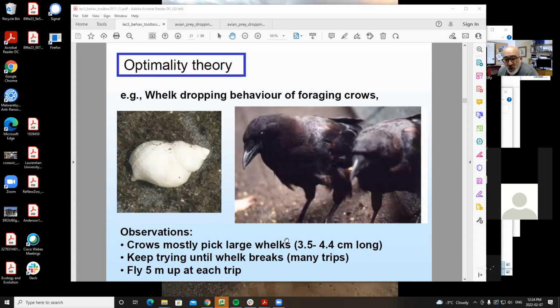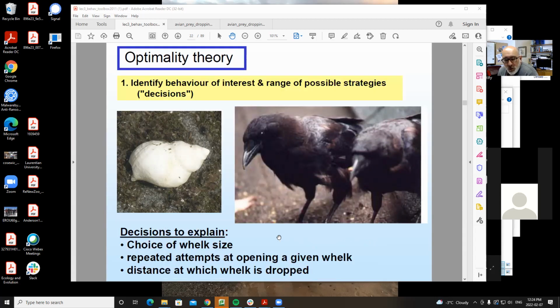So the question is, why are they flying about 5 meters up each trip? They often make multiple trips, so we can try and apply our cost benefit approach to this whole foraging strategy. There are decisions that these birds need to make. They have to choose the whelk based on its size. They have to make repeated attempts at opening a given whelk. They have to fly multiple times and drop the whelk until it's cracked.